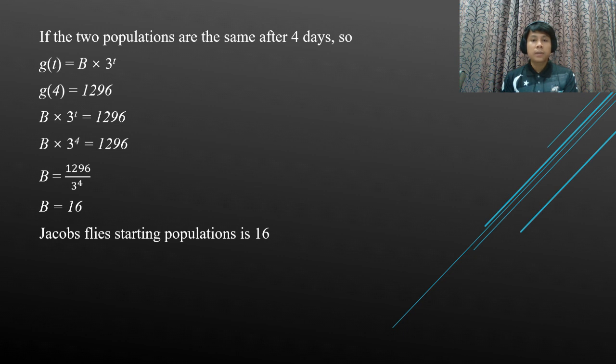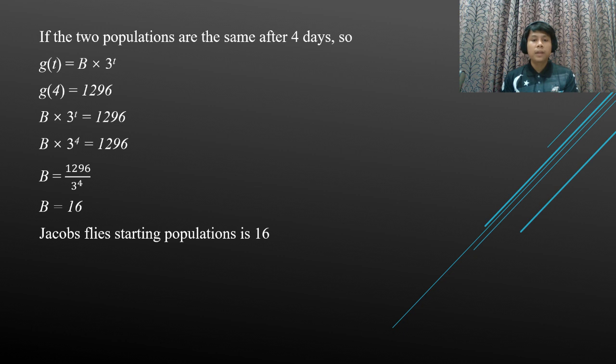To find Jacob's flies starting population, we need to use the function model g(t) equals b times 3 to the power of t, where b stands for Jacob's flies starting population, 3 because it's tripling every day, and t stands for days. From here we can say that g(4) equals 1296.